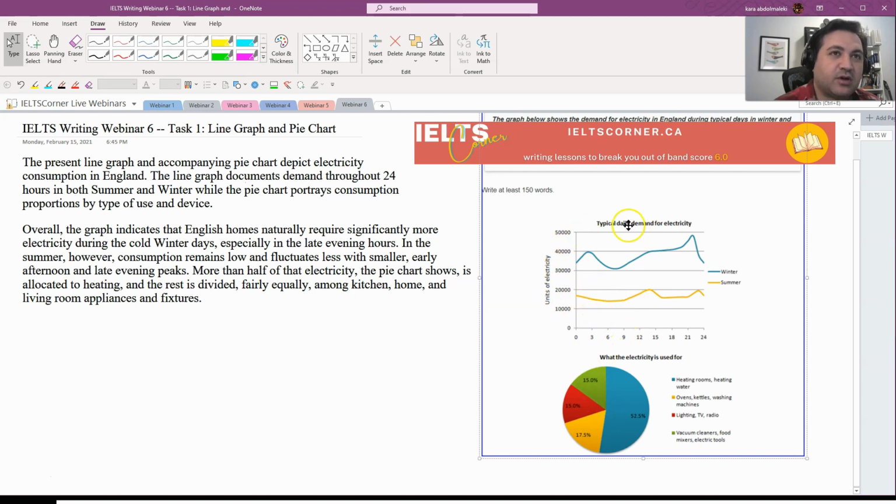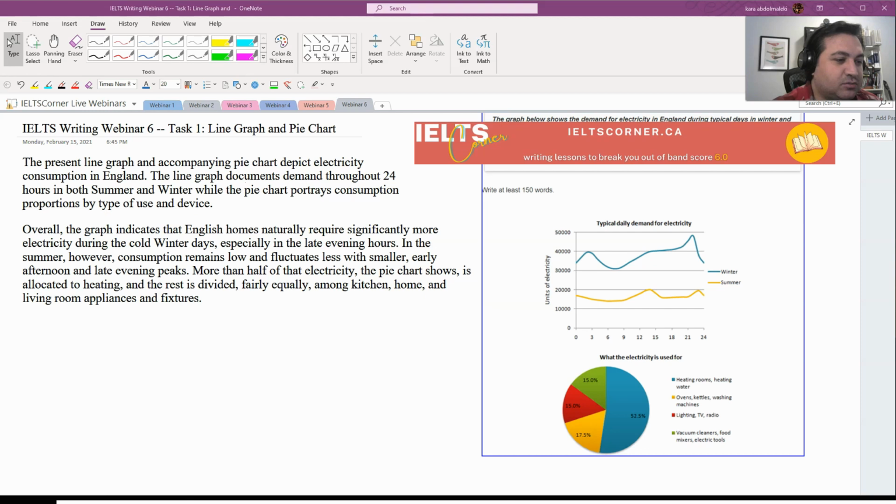So the first paragraph goes towards the line graph, explains everything there, and then the second paragraph explains what's in the pie chart. And while you're doing that, if you can find a way to connect these two together, that's great, but if you can't, then that's okay.